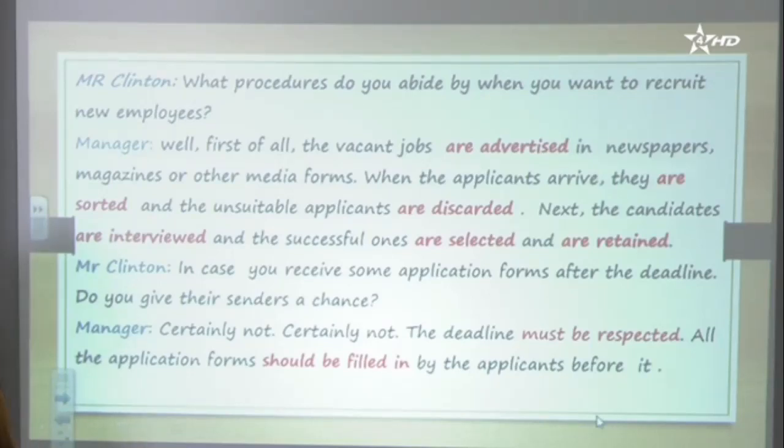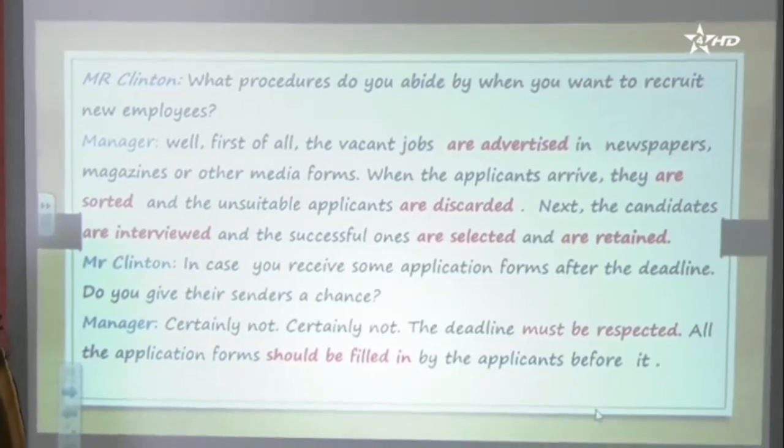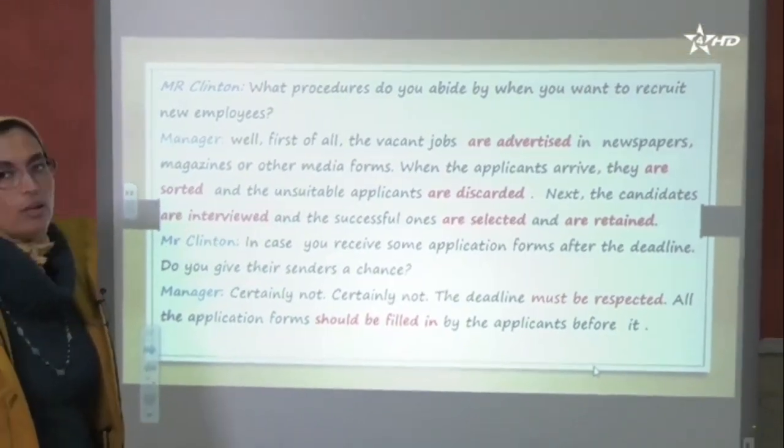Next, the candidates are interviewed and the successful ones are selected and are retained. Certainly not. The deadline must be respected. All the application forms should be filled in by the applicants before it.